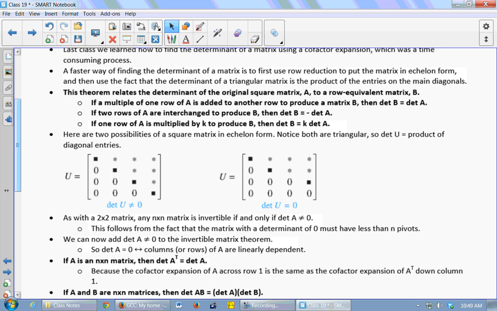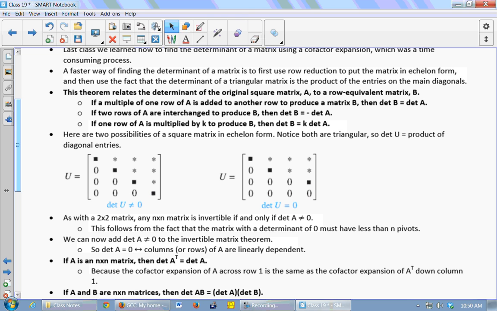You have these equal determinants. And if you interchange 2 rows, the determinant of B is the opposite of the determinant of A, so you just have to take the negative. And if one row is multiplied by K to produce B, so you just multiply a row by a scalar, that's our third row operation, then that also scales the determinant.